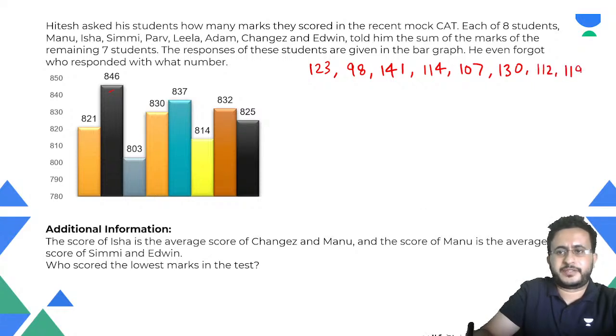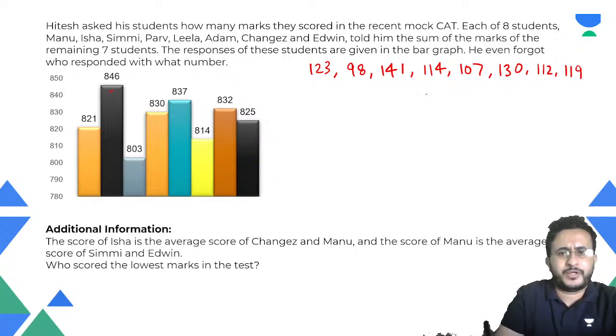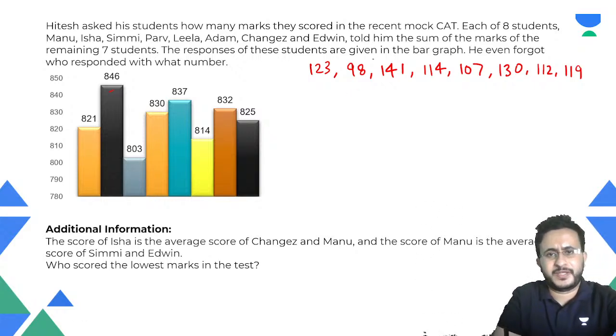112 and 119. ठीक है 123 किसी का एवरेज बन रहा है 25 का डिफरेंस नो 9 का डिफरेंस नो 18 का डिफरेंस नो 16, 7, 112 we are not getting 123 is any average ठीक है कोई एवरेज में यूज नहीं हो रहा है if we see 98, 98 plus 9 plus 14 plus 21, okay, so we are not getting 16.